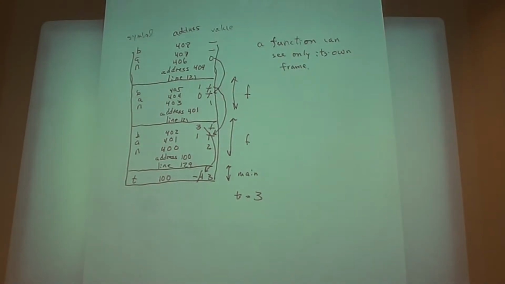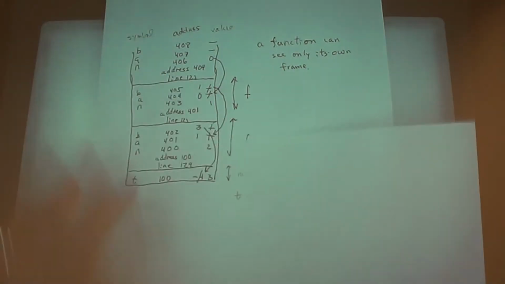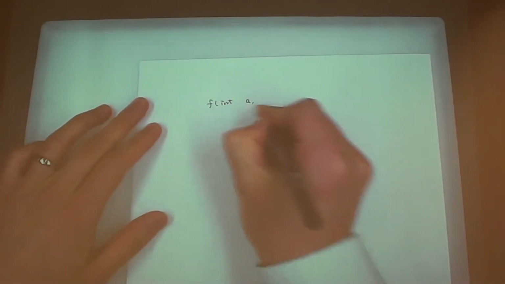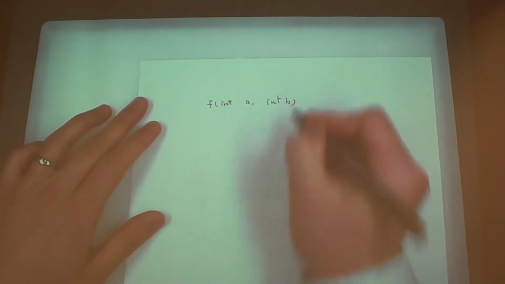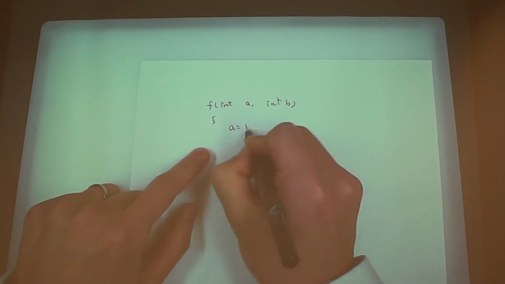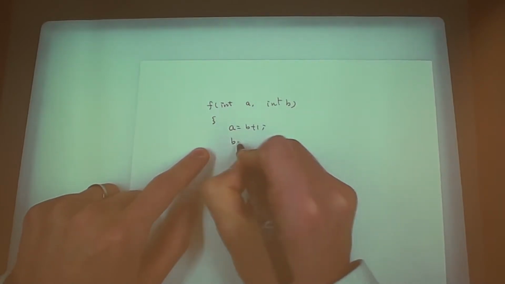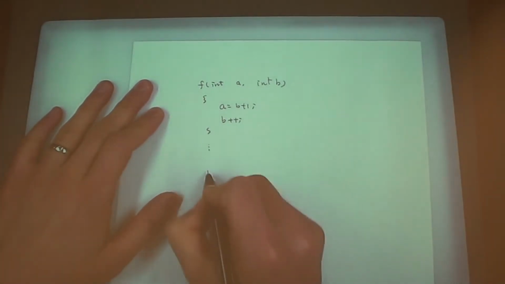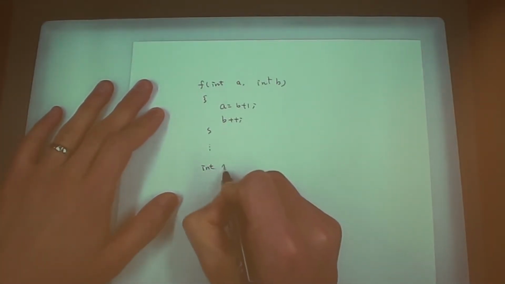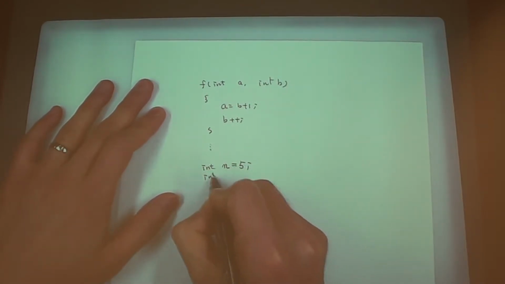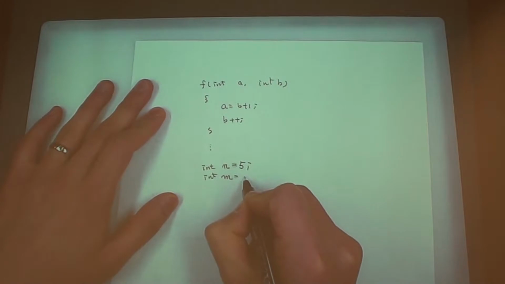So, if I have a function written this way, and inside I do whatever I want. Let's say A equals B plus 1, B plus plus, and then somewhere I call a function. I am going to use n equal to 5, m equal to 9.